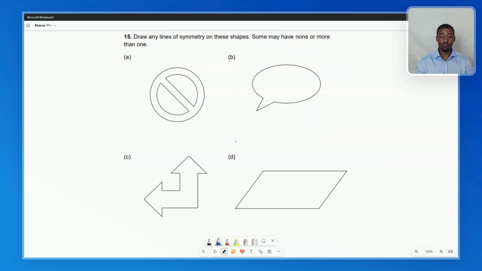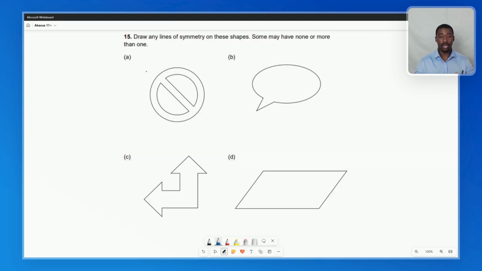Okay, so for this next question, we have to draw lines of symmetry on these shapes. And we're told already that some may have no lines of symmetry and some may have more than one line of symmetry. So when we're thinking about lines of symmetry, don't get thrown off and think it's so complex.